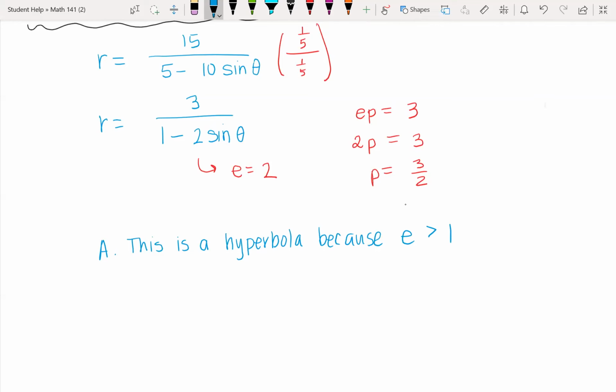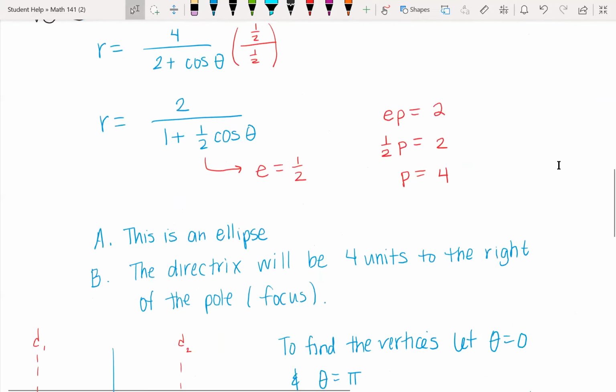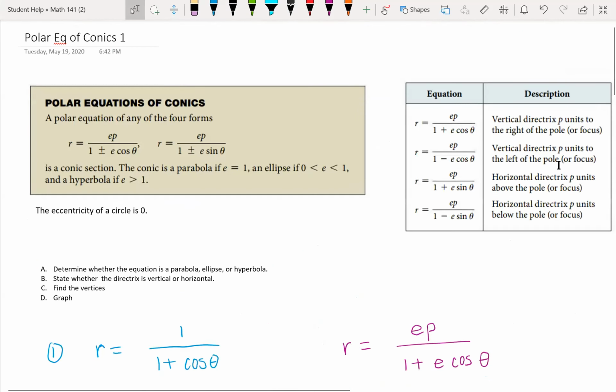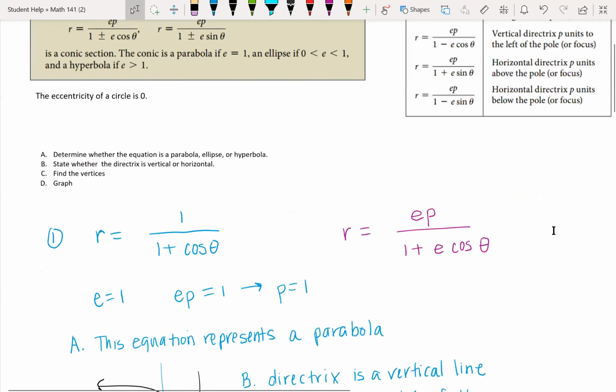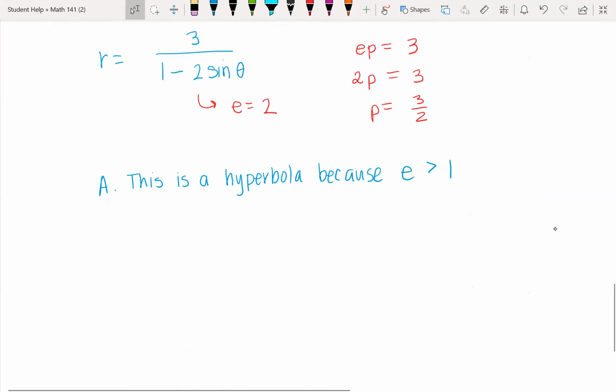So let's look back at our table up here on the top. We've got a sine and we've got a minus. So that's the last category. So we have a horizontal directrix, which is P units below the pole. All right, so the directrix is horizontal.